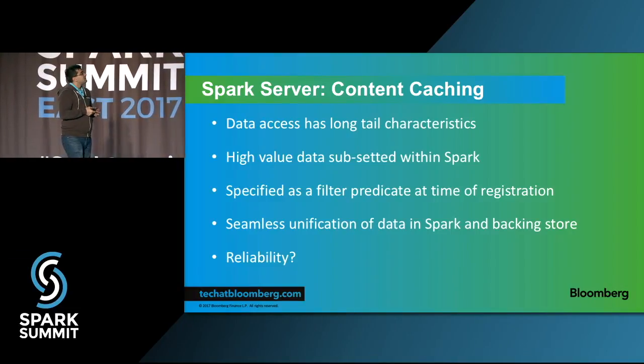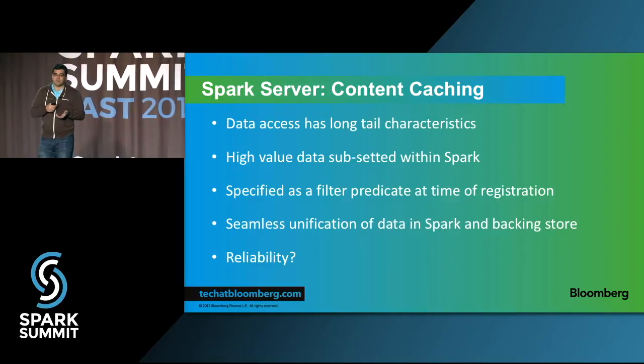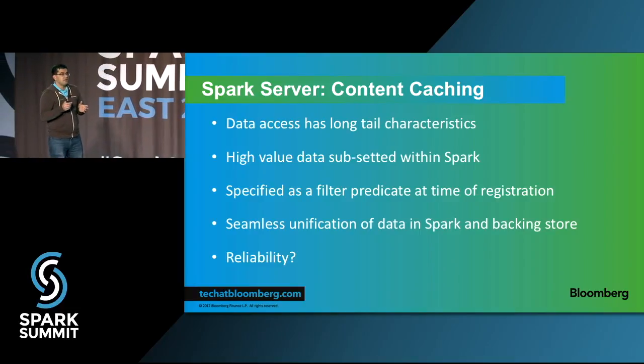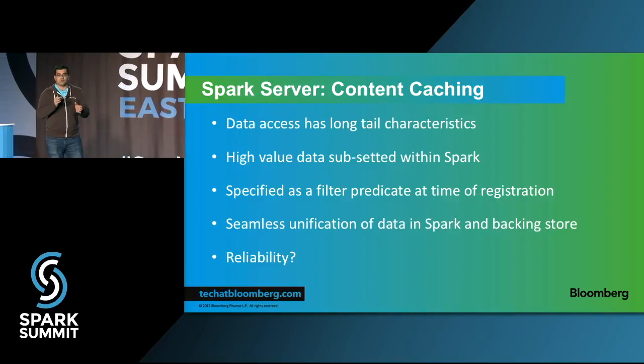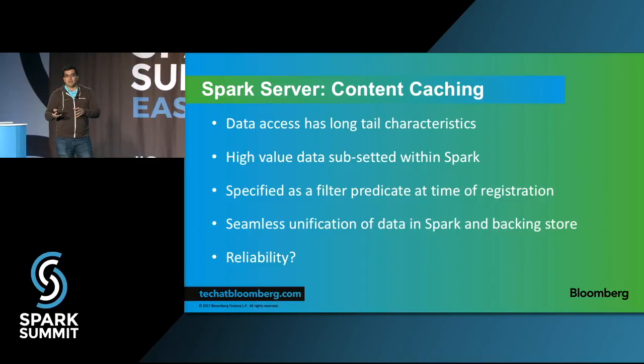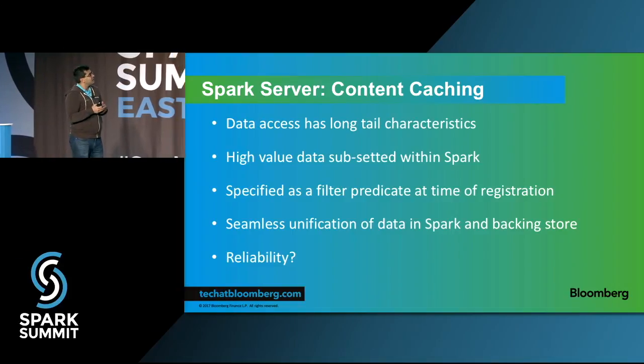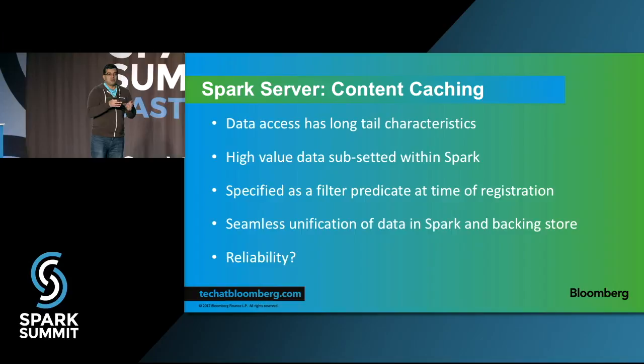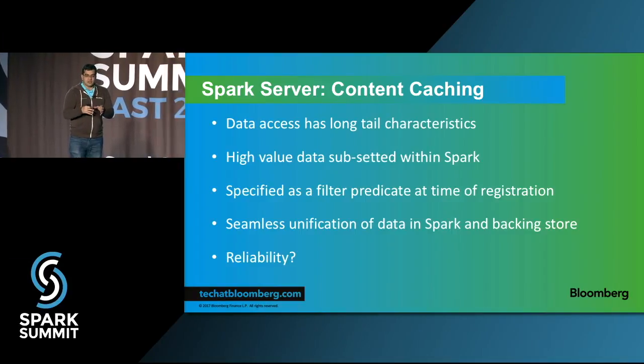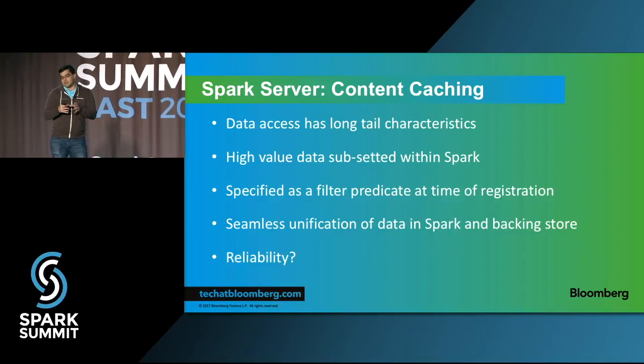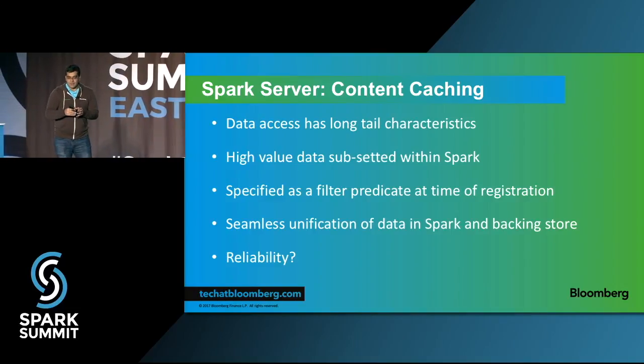the data access itself tends to have long tail characteristics in that very often, it's only 20% of the data that accounts for, say, 80% of the queries you are running. And this leads very well into scenarios where you can subset a small portion of the data and then cache just that portion and still be able to get pretty good query performance using that.